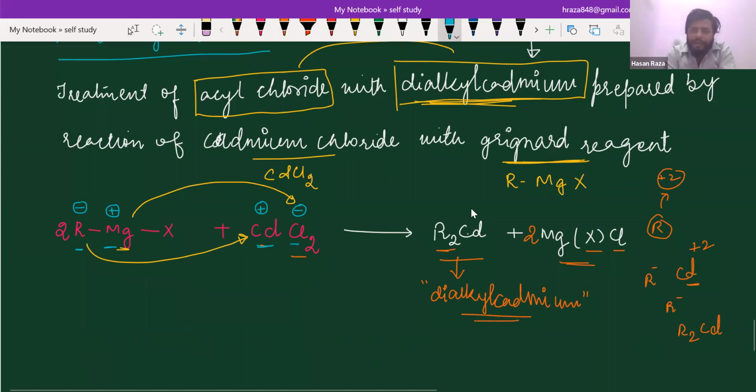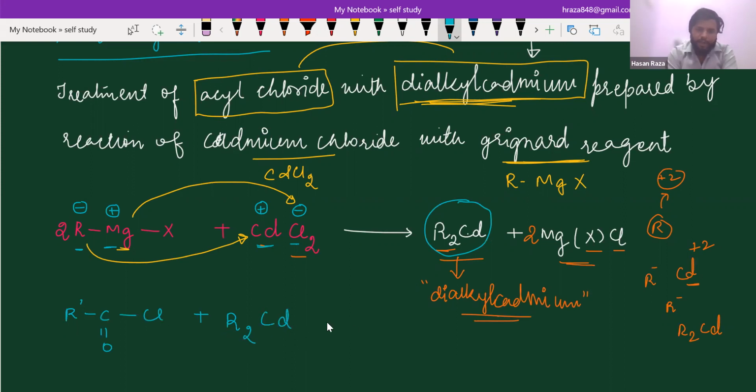Now this dialkyl cadmium will be reacting with acyl chloride. You can see this is R2Cd, and what you will get is a ketone, RC double bond OR, and CdCl2 will again be produced as a byproduct.